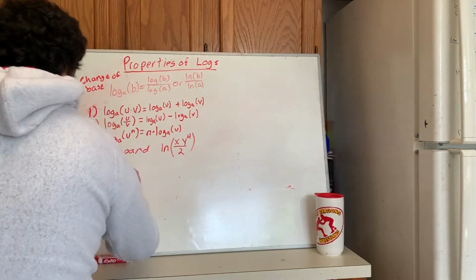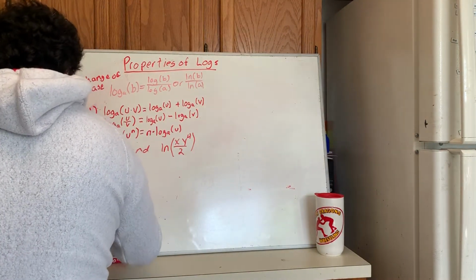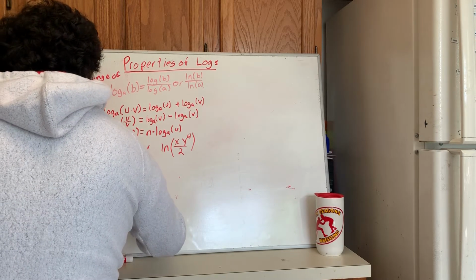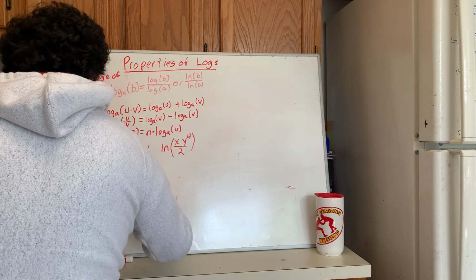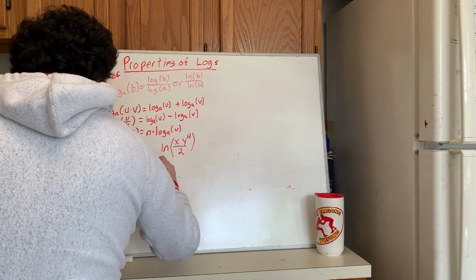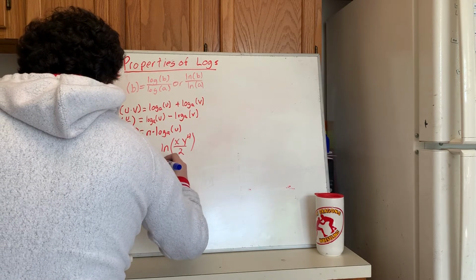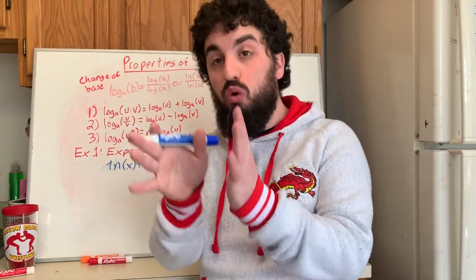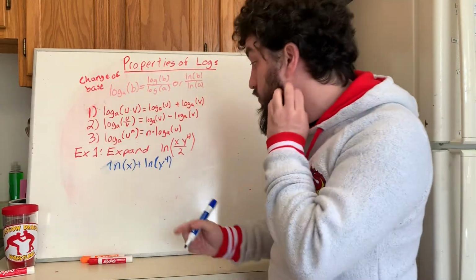So that's going to give me the natural log of x plus the natural log of y to the 4th. Now, I'm not taking care of my power right now because I just want to take this one step at a time for you guys.